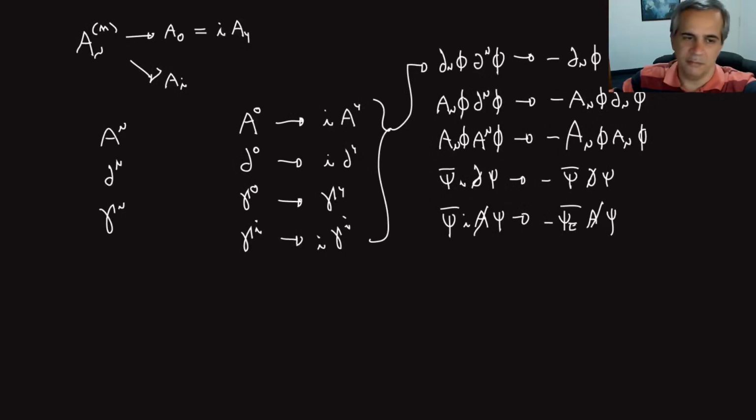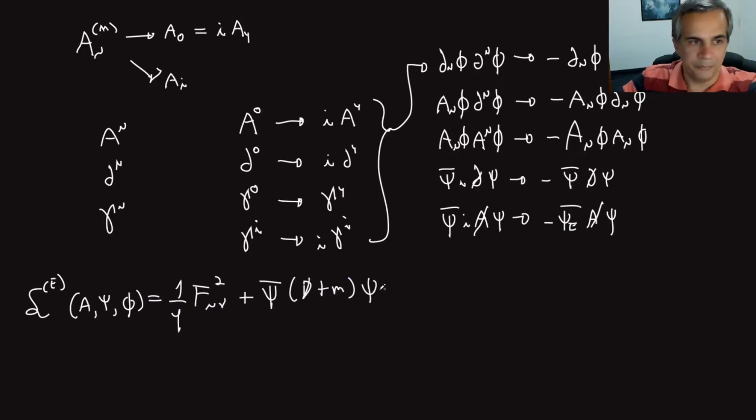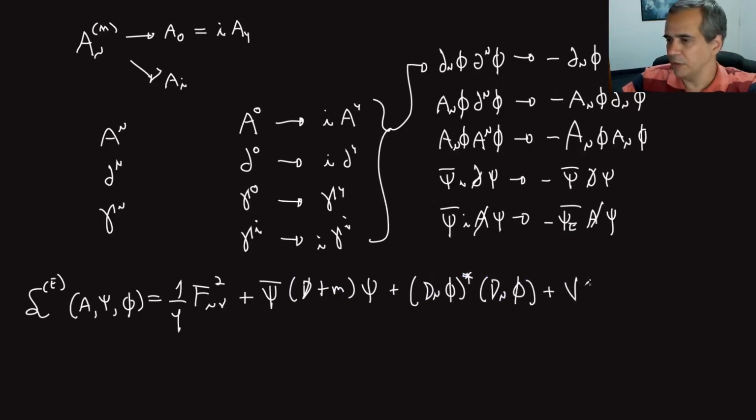And that means life is easy. In this case, the Euclidean Lagrangian, and this is the last time I'll write Euclidean, of these three fields will be 1/4 F mu nu squared plus psi bar (del slash plus m) psi plus D mu phi star D mu phi plus V of phi star phi.